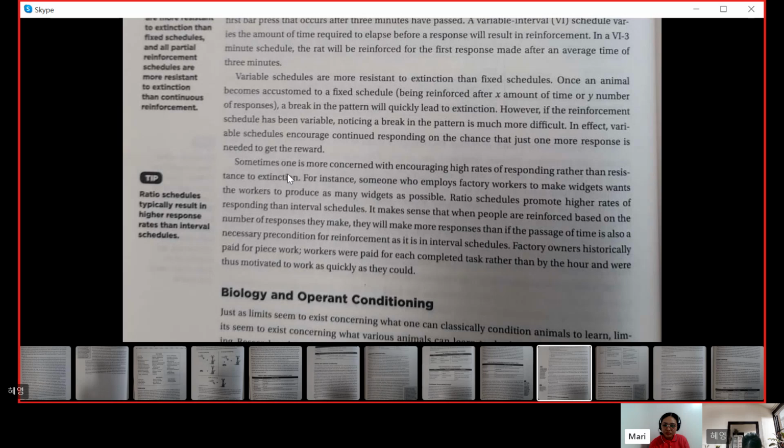However, if the reinforcement schedule has been variable, noticing a break in the pattern is much more difficult. In effect, variable schedules encourage continued responding on the chance that just one more response is needed to get the reward.